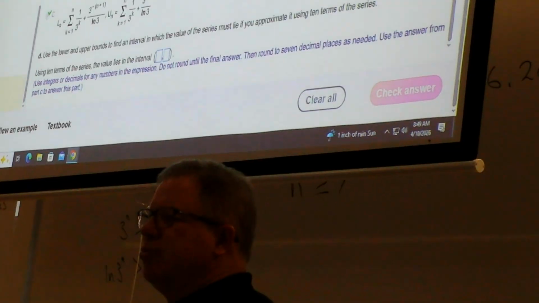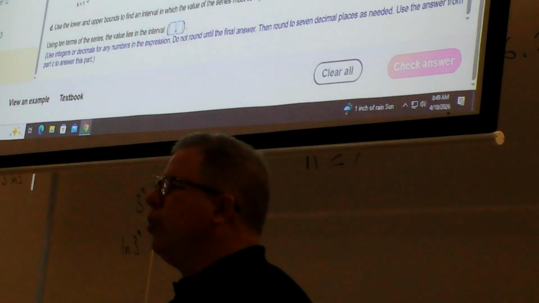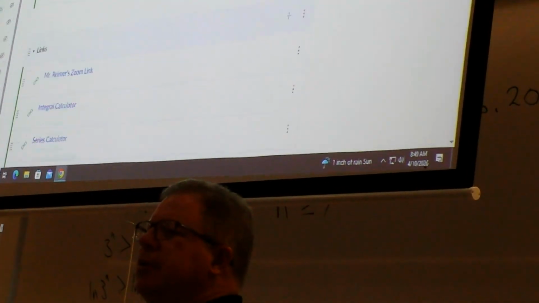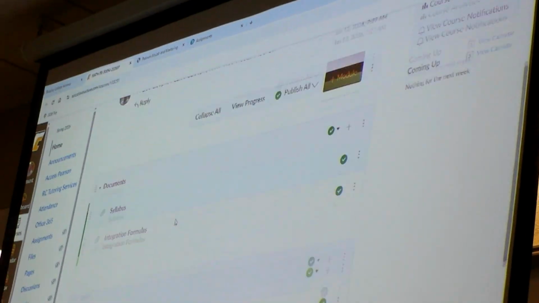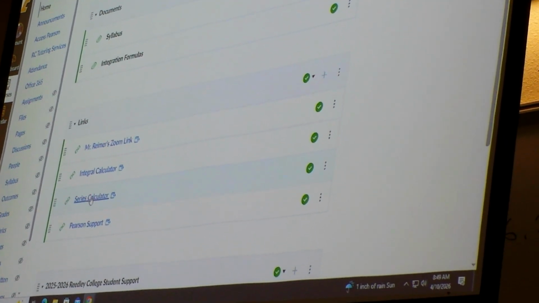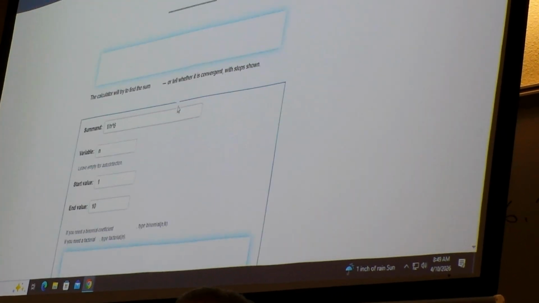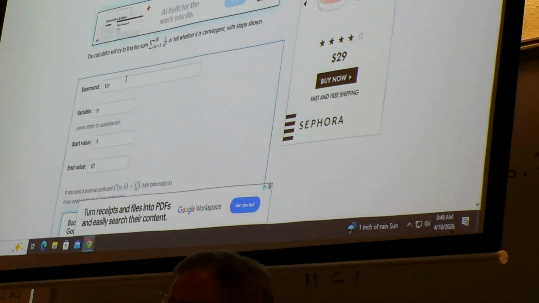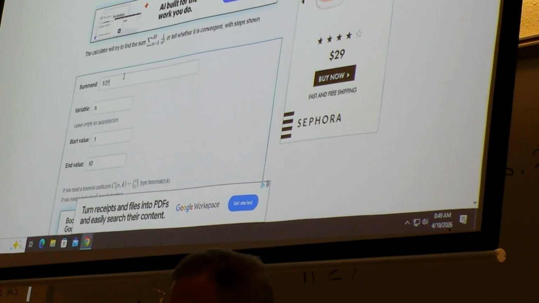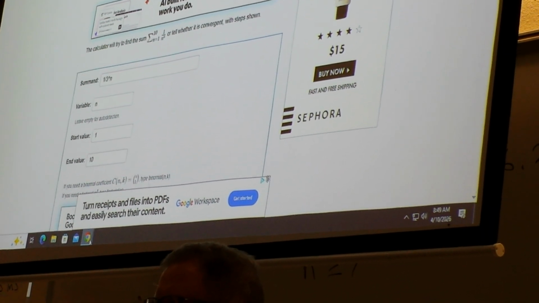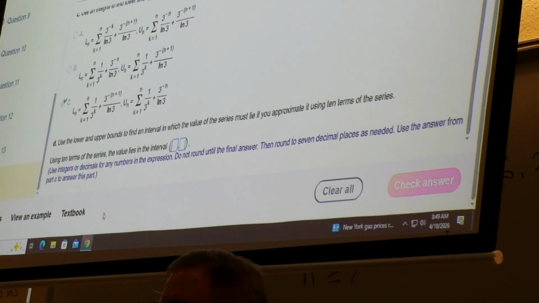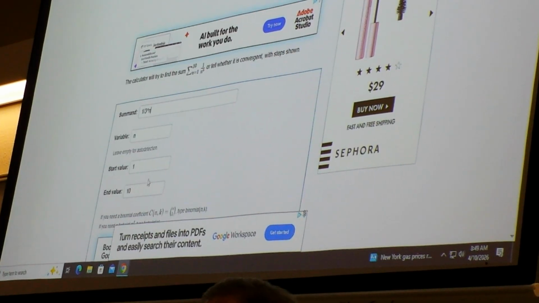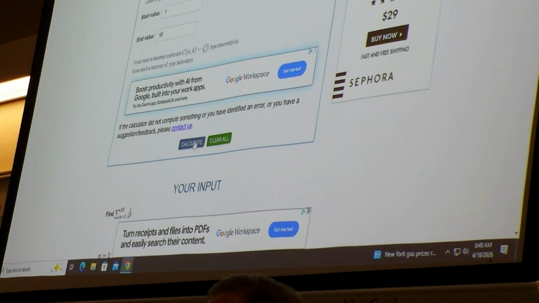So 1 over 3 to the k, we're going to go from 1 to 10. On the Canvas homepage, I have links down here, series calculator. Open that one. 3 to the k, we're going to use the n in the calculator, going from 1 to 10, and calculate.